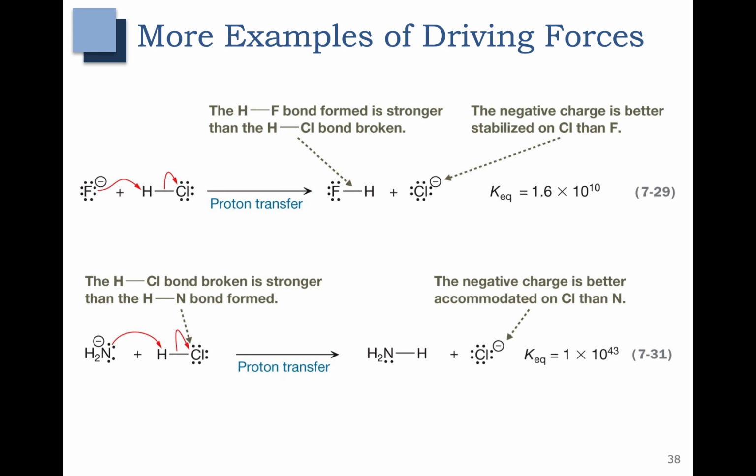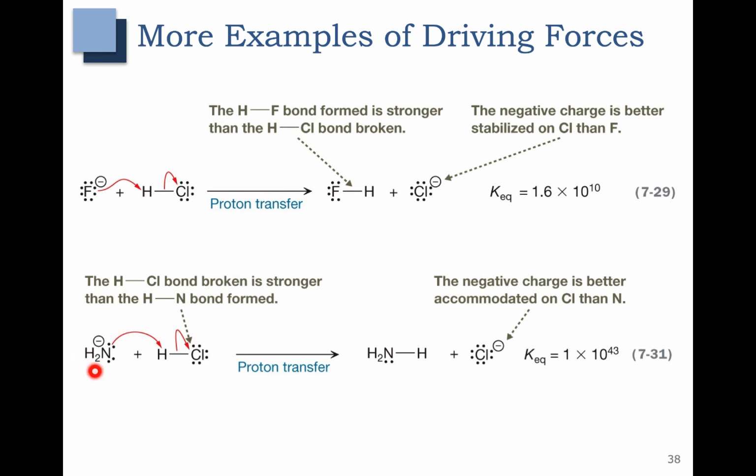Here's another example of a favorable reaction. This one actually has a much bigger KEQ than the one we just talked about, so this one's definitely going to occur. In this case, even though we're going from an HCl bond to an HN bond, and the HN bond is not as strong as the HCl bond, the big driving force here is the negative charge.